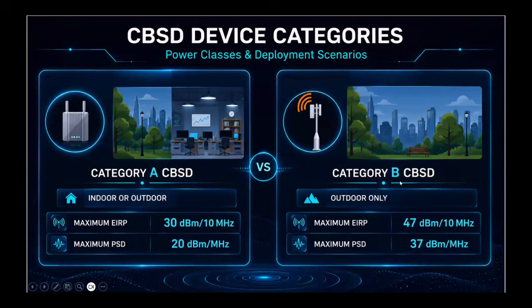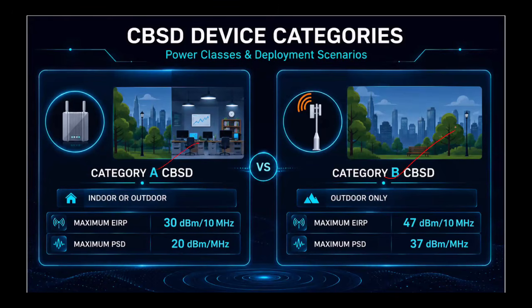So again, the CBSD, or Citizens Broadband Radio Service Device, is commonly divided into two categories, category A and category B. Category A is the lower power CBSD. It is commonly used for indoor deployments, for example, inside an office, warehouse, hospital, manufacturing facility. It can also be deployed outdoor subject to the applicable installation requirements.